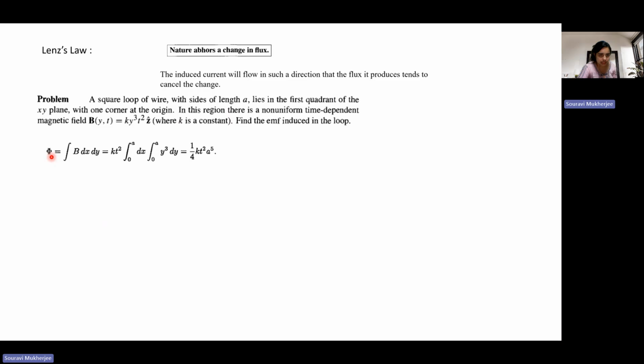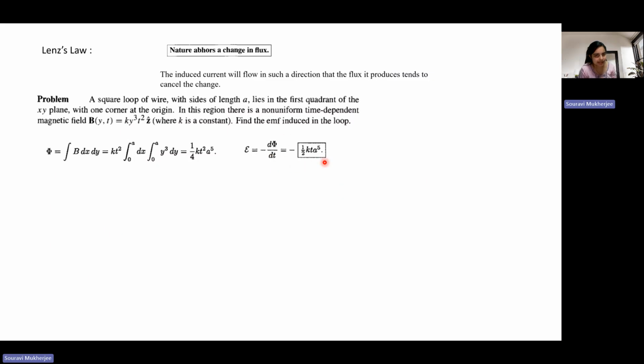Okay, now we have to find d phi dt. As your magnetic field is a function of time, as you change time, your magnetic field changes. So if you do d phi dt, the EMF is minus d phi dt. So basically this, right?